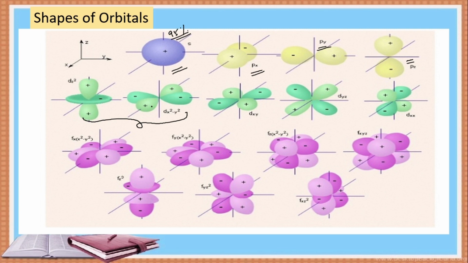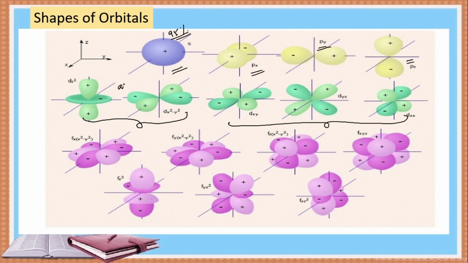Similarly, the lobes are located along the coordinate axis in dx square minus y square also. But in dxy, dyz and dxz orbitals, students, the lobes are located in between the coordinate axes.